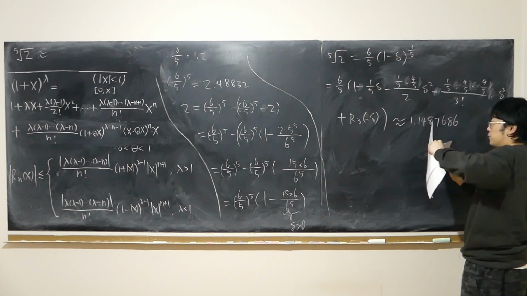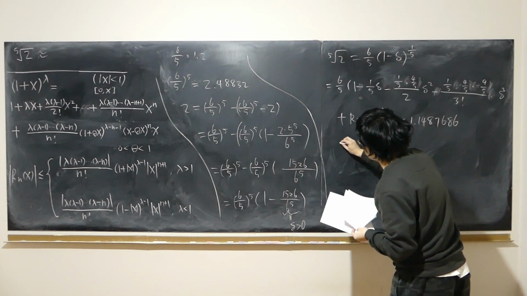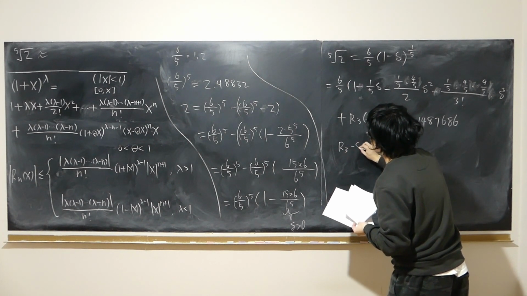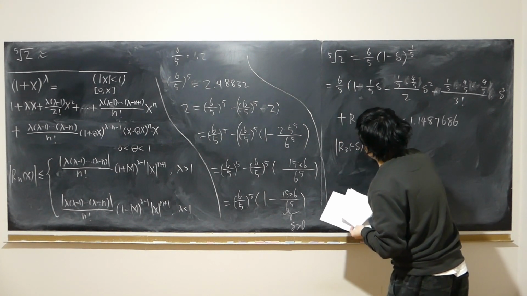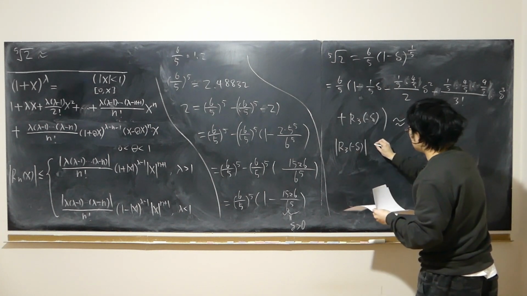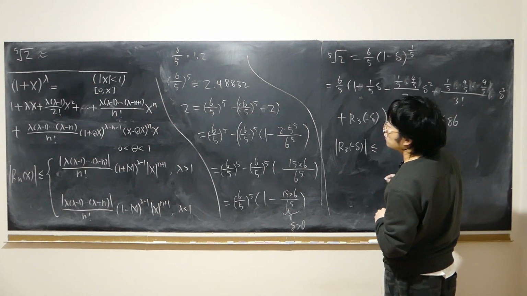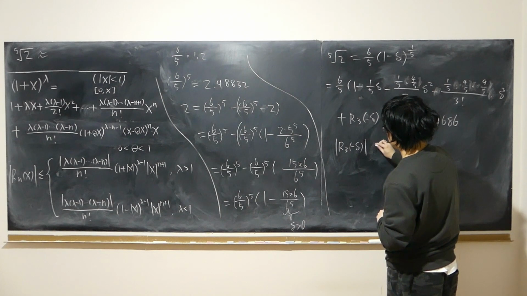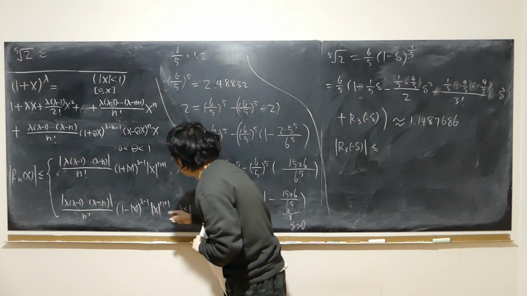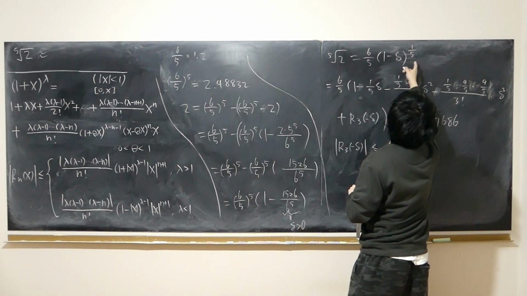Now that's according to this formula. And then we use the estimation, that's the estimation of the Cauchy remainder, absolute value. We use this part, because lambda this time is less than 1.